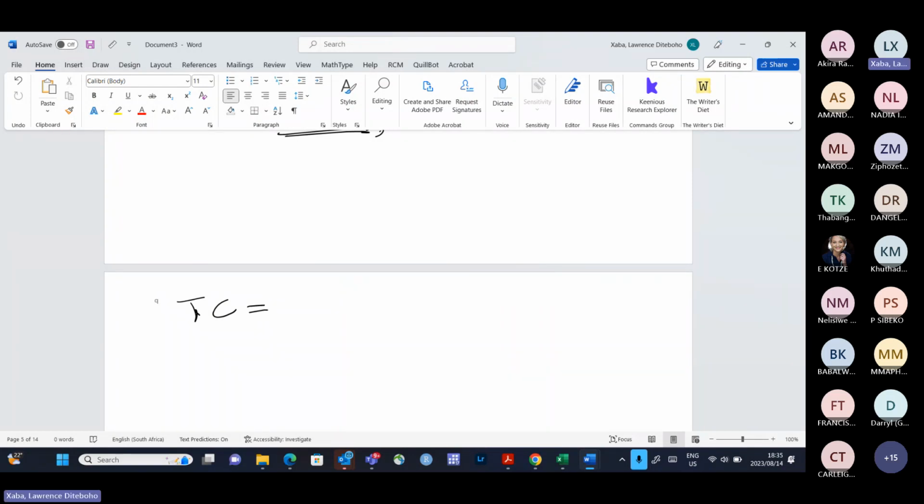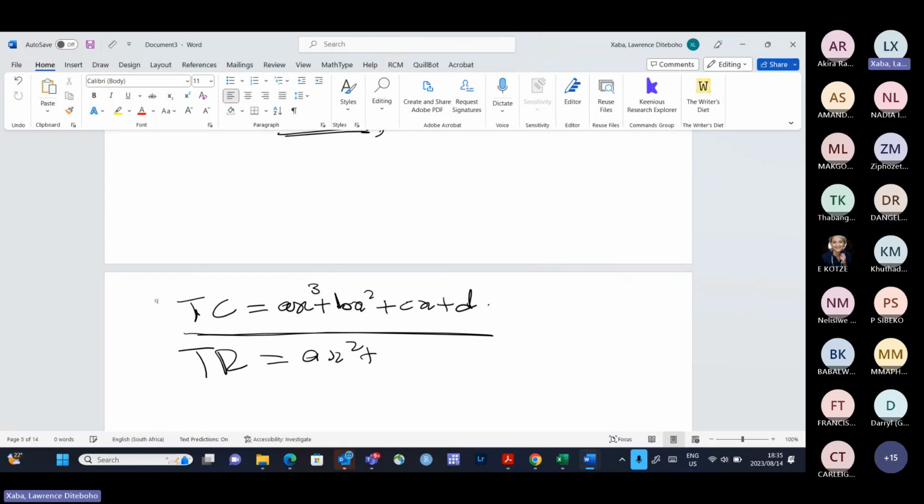Meaning when we say it's a cubic function, we have ax to the power 3 plus bx squared plus cx plus d. Which is a bit different from our total revenue, which is ax squared plus bx plus c. So this one is quadratic, this one is cubic.